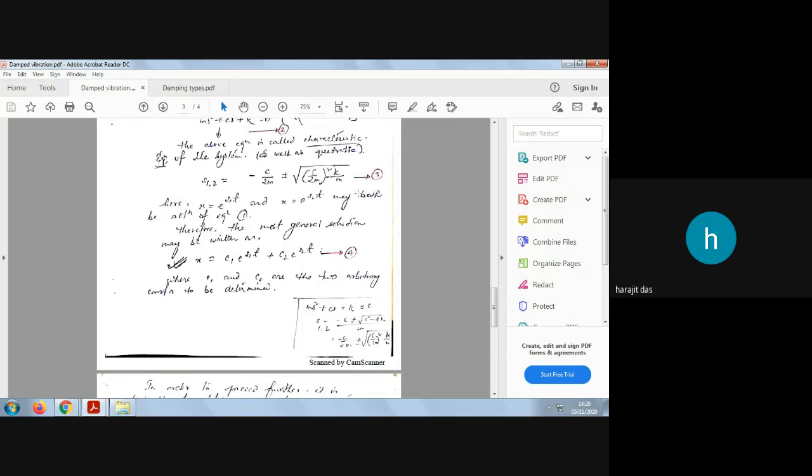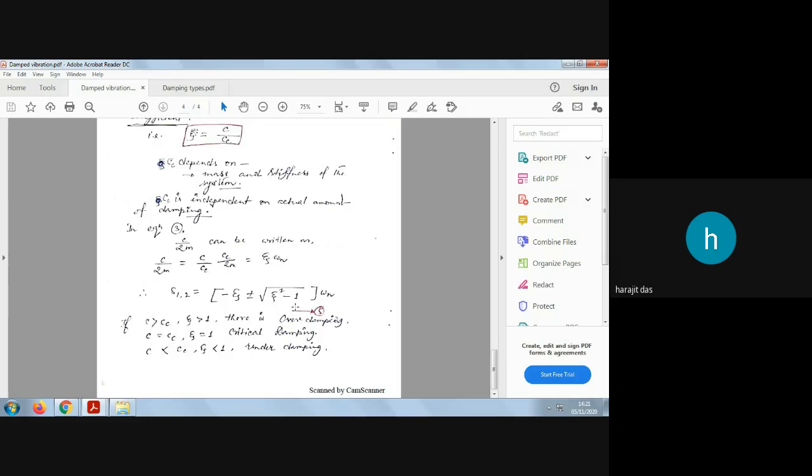If you take omega n squared out, only 1 will remain here. So the two roots become, in brackets, minus zeta plus minus under root zeta squared minus 1, bracket close, into omega n. This is the root for this single degree of freedom system of a damped free vibration.